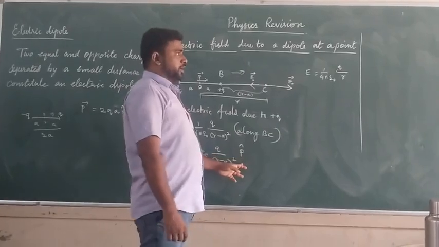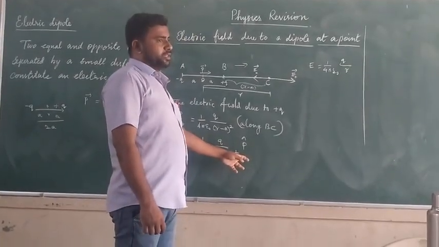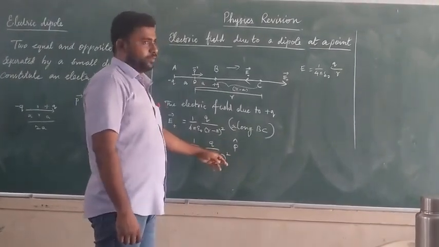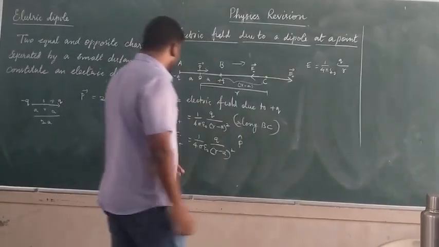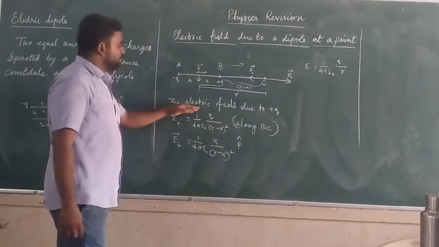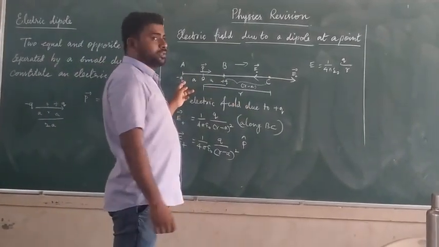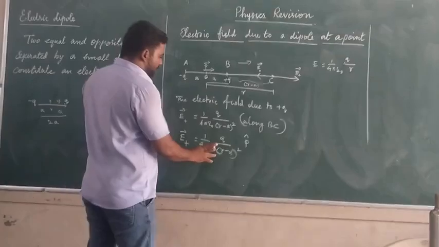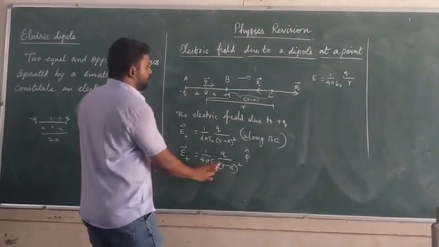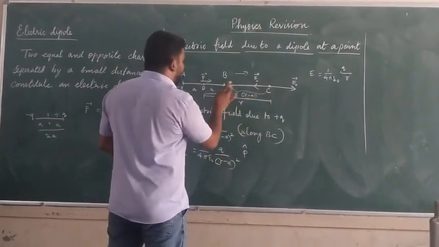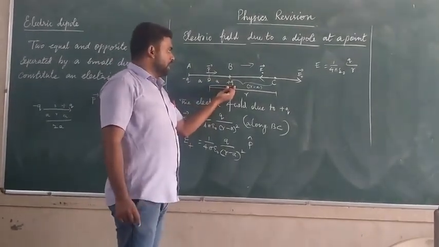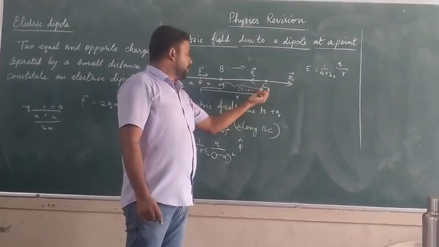This shows the direction of the electric field. So we calculated the electric field at a point C due to the positive charge. Understand? Due to this positive charge, what is the electric field?